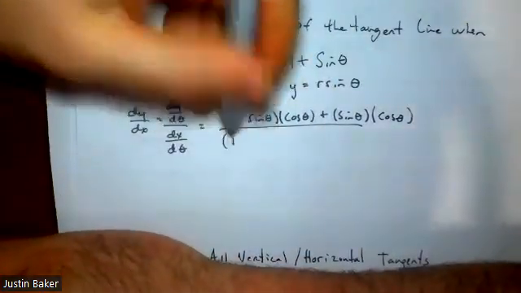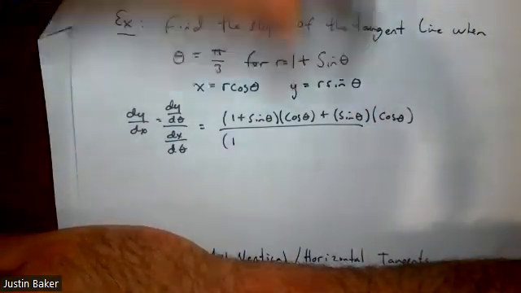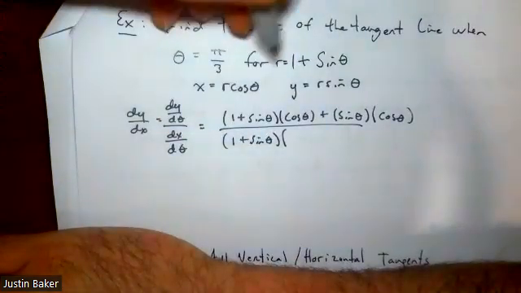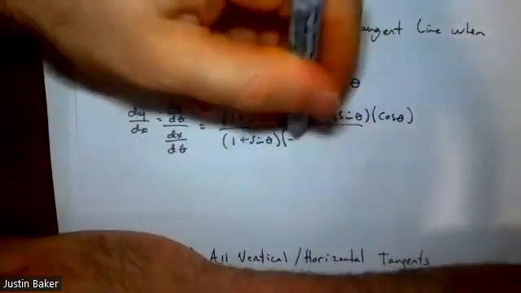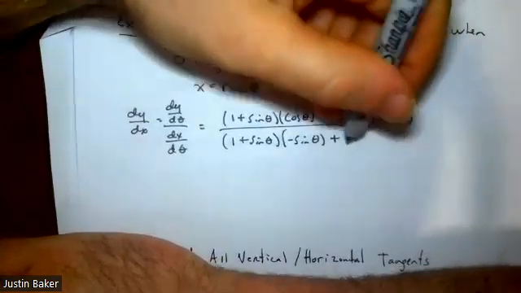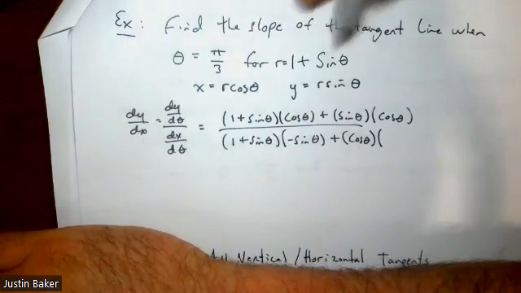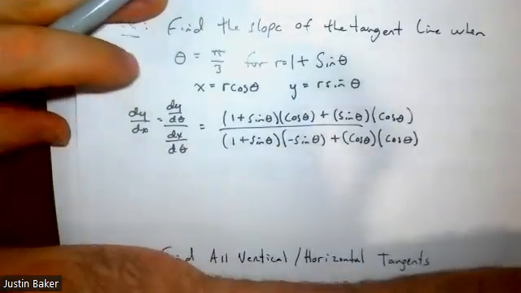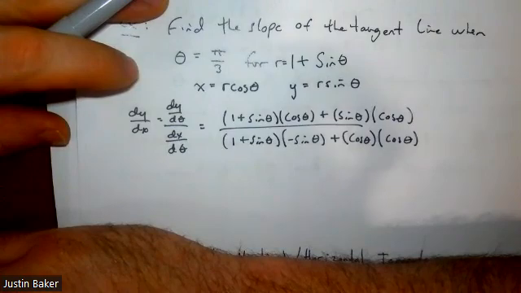So that's going to be first, r is 1 plus sine theta, derive the second, plus the second, derive the first. All right, does that derivative check out for everybody before we go any further whatsoever?